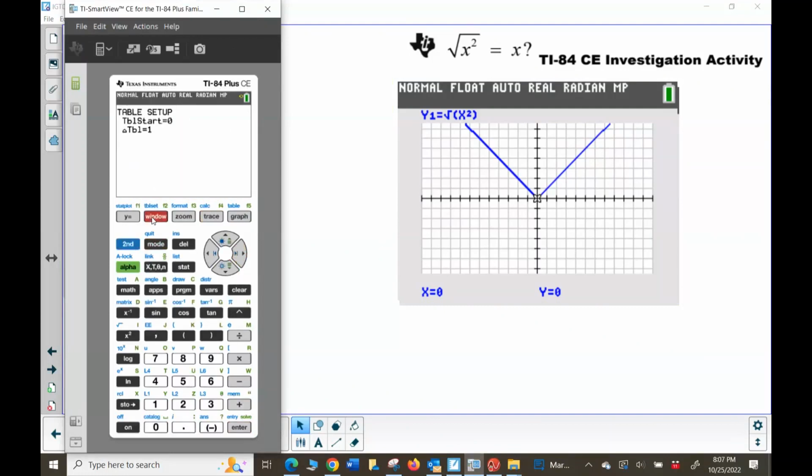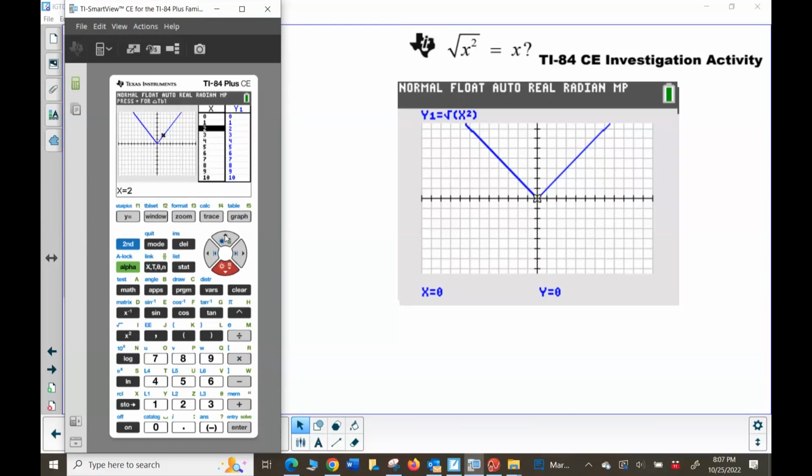And let me go to my table set and have it start at 0, a delta table of 1, and these are both on automatic. So when I press second graph, you can see that I'm at the origin in the table and at the origin on the graph. And I press the down arrow and it showed me I'm on 1, 1 and 2, 2. And that makes sense. 2 squared is 4. The principal square root of 4 is 2.